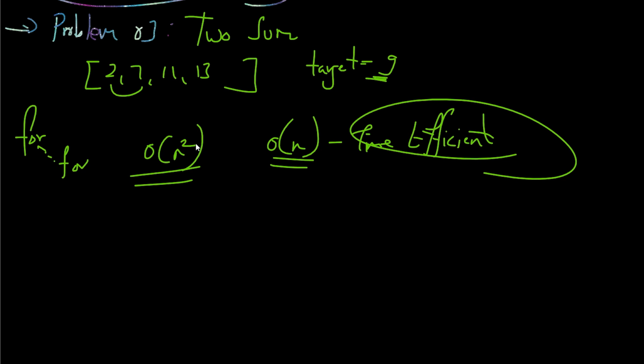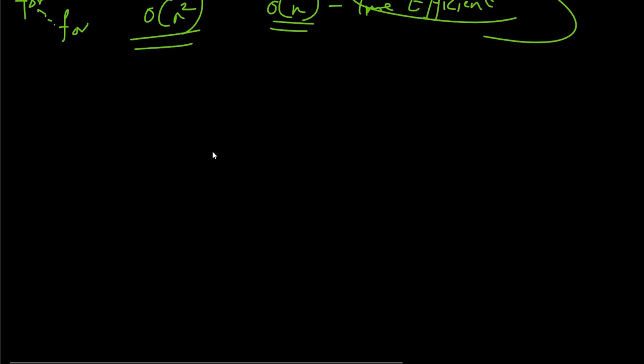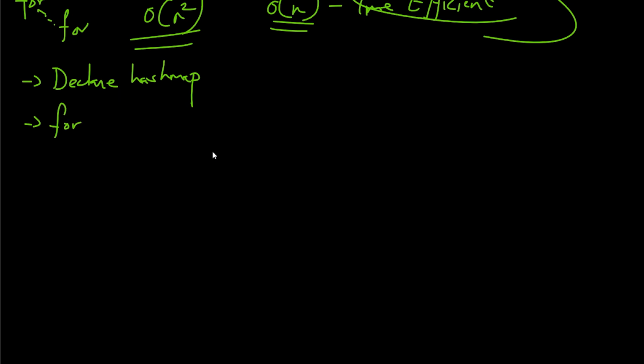So now let us head to the two sum. What you have to do in the beginning is start by declaring one hashmap, an empty hashmap essentially. Second step is take the keys and the values, so do a for loop for it.